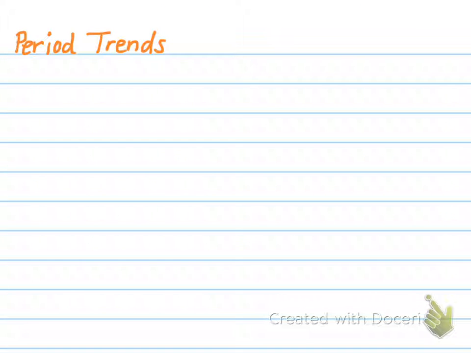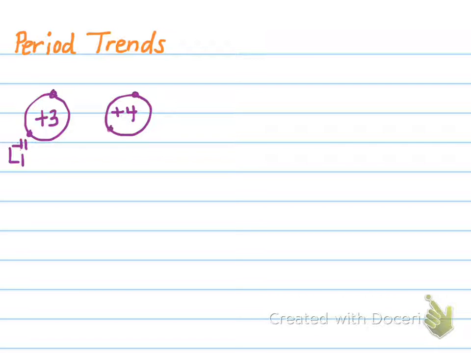In terms of period trends, if we want to compare a lithium ion, here's a lithium ion with a +1 charge, to a beryllium ion, sorry, I wrote lithium, but I meant beryllium, with a +2 charge.